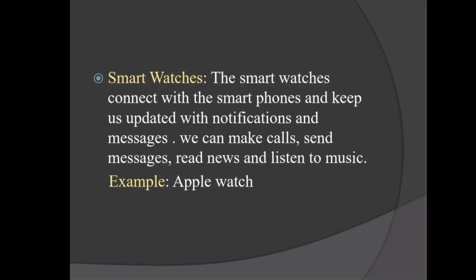Next is smart watches. Smart watches connect with smartphones and keep us updated with notifications and messages. We can make calls, we can send messages, we can read news, and we can listen to music. Example, Apple Watch.